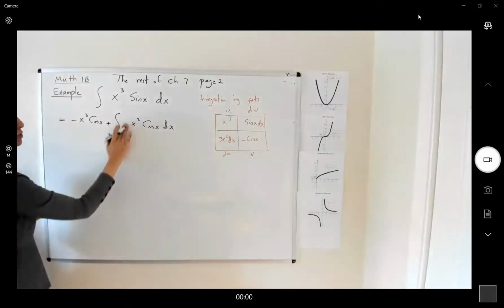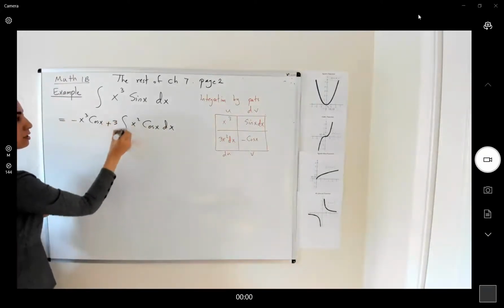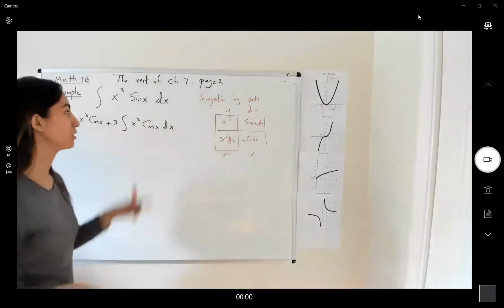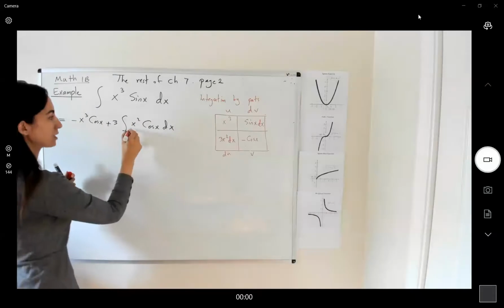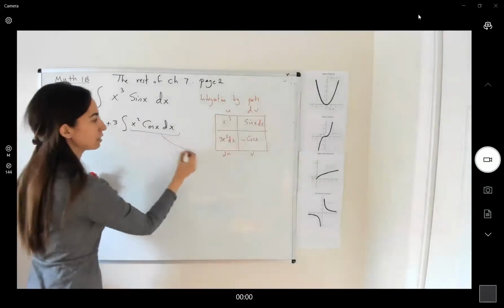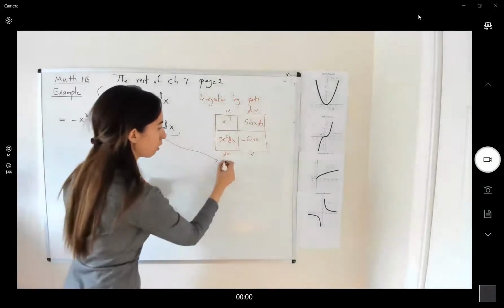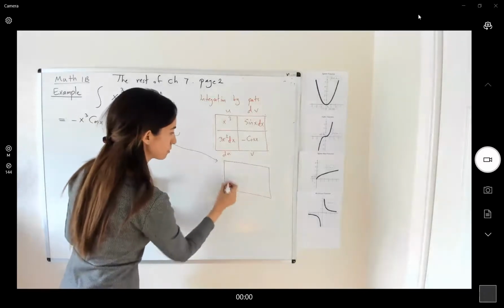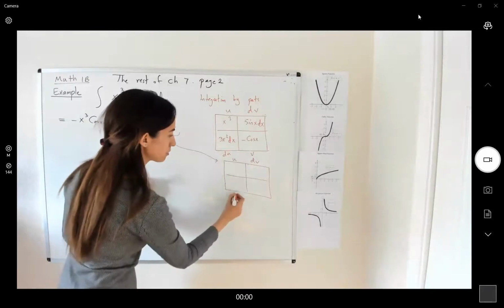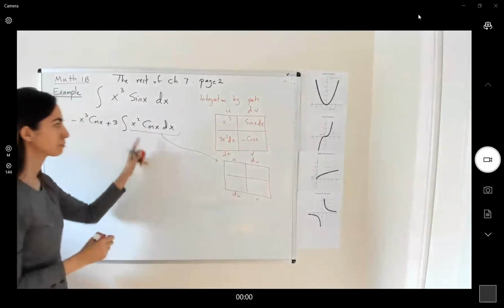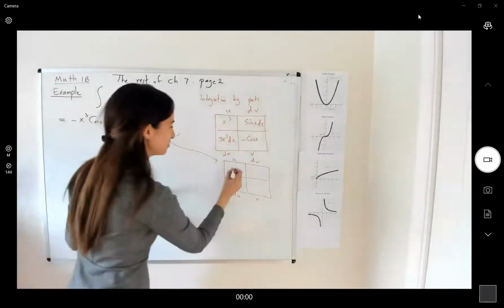So you can take this 3 and write it in front of the integral. Now you have to apply integration by parts one more time. Here you have x squared cosine x. Your u is x squared.